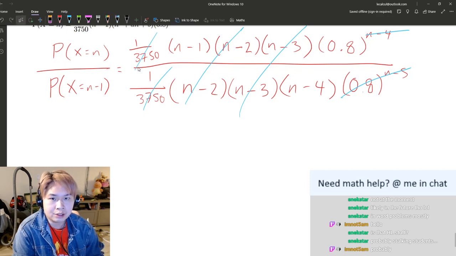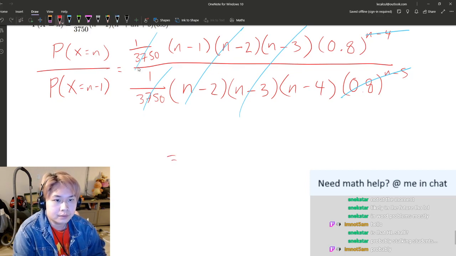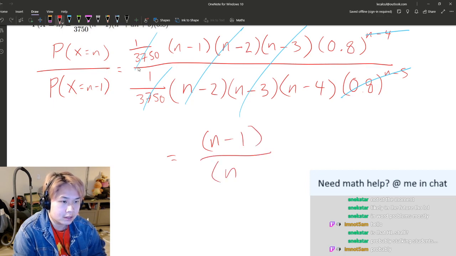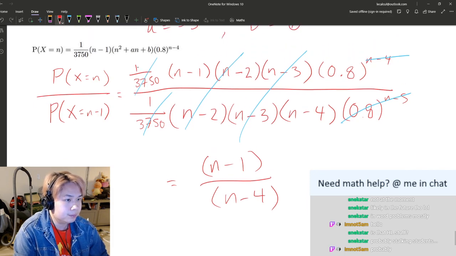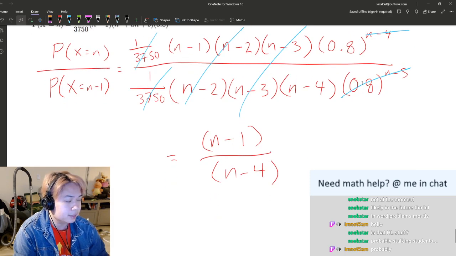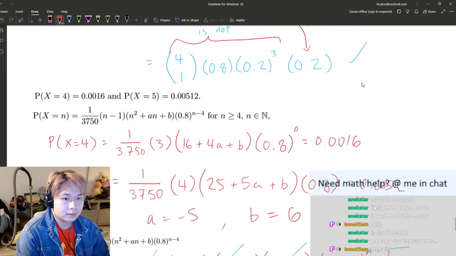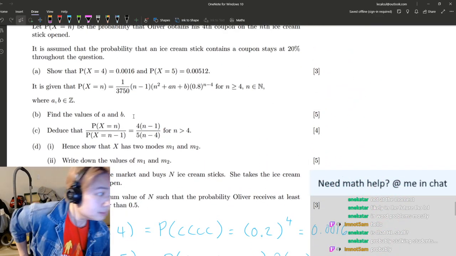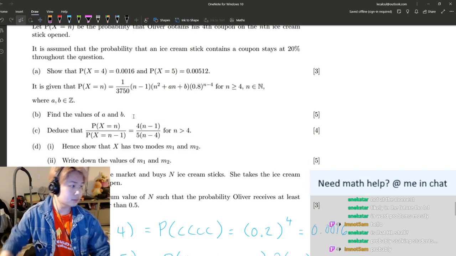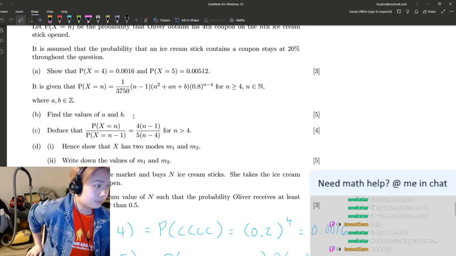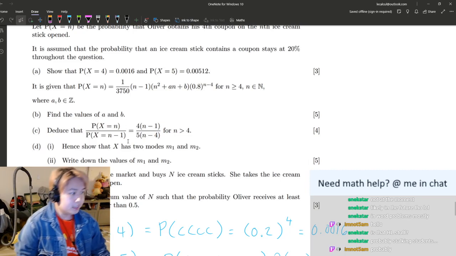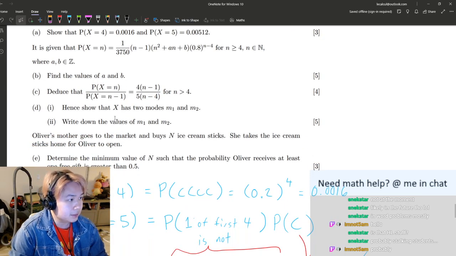Okay, so let's see what we have. We have n minus 1 over n minus 4. And then we have a 0.8. And then 0.8 we can write as 4 over 5. So then we're done. Easy. Okay, hence, we need to show that x has 2 modes.